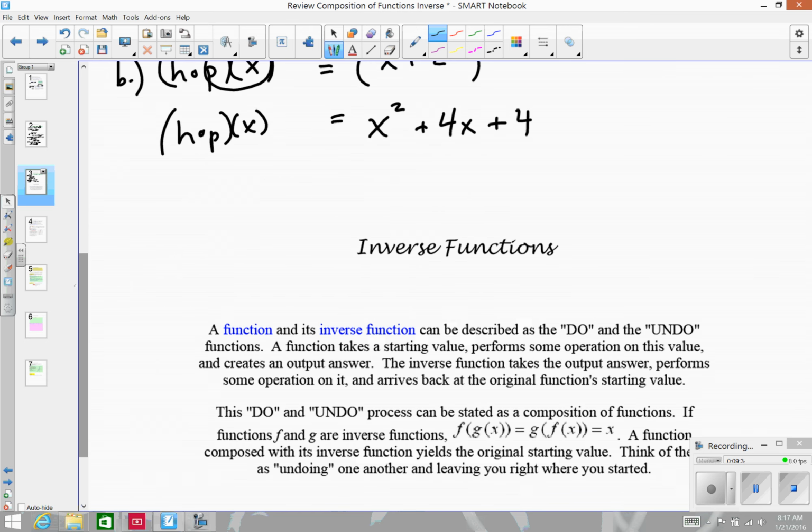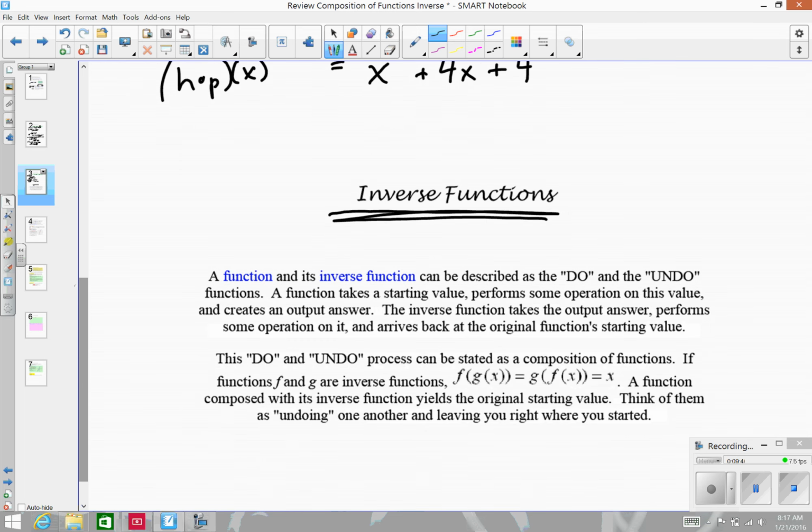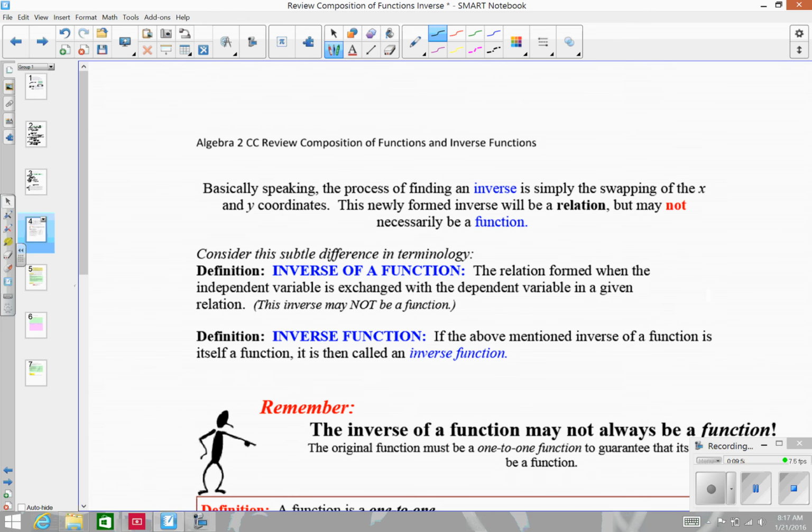Alright, that brings us now to inverse functions, which are related to composition of functions. I think the best thing for us right now would be to start doing some practice problems, but you should be aware of what an inverse function is, so I expect that you will read this information on your own. And if I go to the next page, there is more information that, again, I would like you to read.